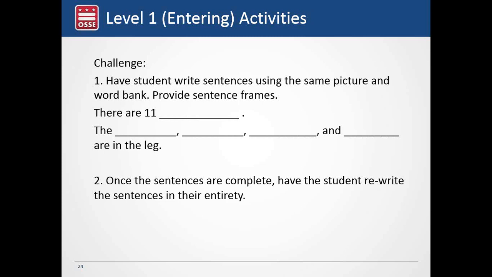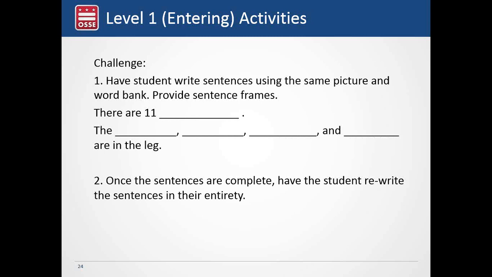The second sentence frame says, "The blank, blank, blank, and blank are in the leg." And the student would draw from the word bank and the picture as a support and what they know to fill in the blanks. Then once the sentences are complete, the student can rewrite the sentences in their entirety.